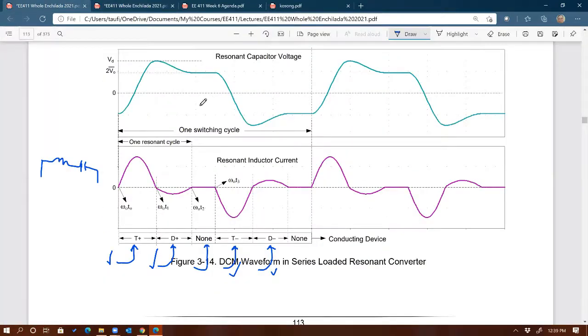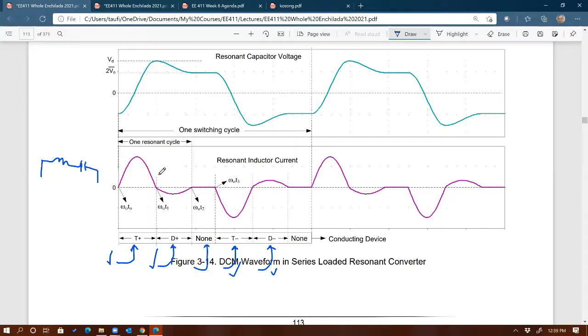Every single state out of these 4 is resonant, always resonant. That's why you can see a sine wave for each state. There's a sine wave here for state 1, a sine wave there for state 2, and then the none is not resonant, so that's why it's just 0. None is conducting. And then another sine wave, that's another resonant, and then another resonant.